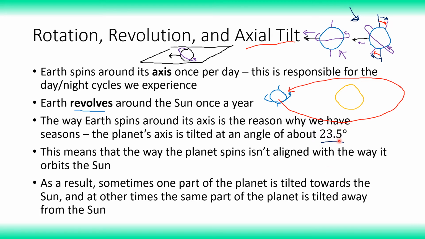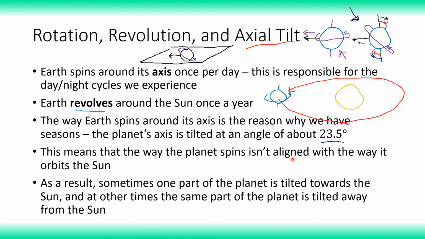So basically what this means is that the way the planet spins isn't aligned with the way it orbits the sun. And by aligned, I don't mean in the same line. That's kind of bad wording. I mean, it's not perpendicular. It's not at right angles to the direction in which it orbits the sun.